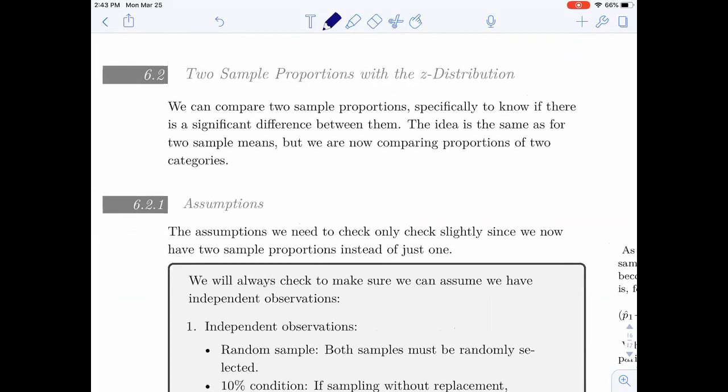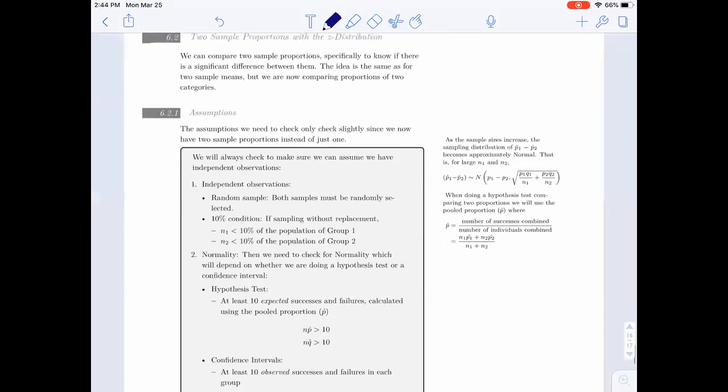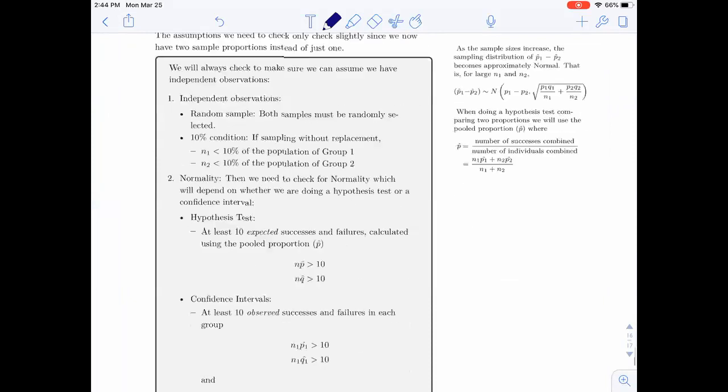We've got information from both groups, and so we need to handle that. We also have to basically double up on our assumptions, but besides that, nothing really changes. I could give you the formulas and you'll probably be able to figure out what to do.